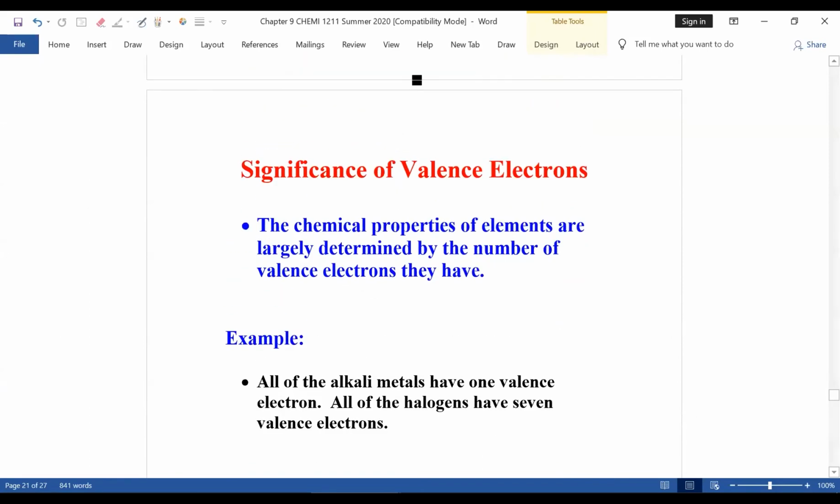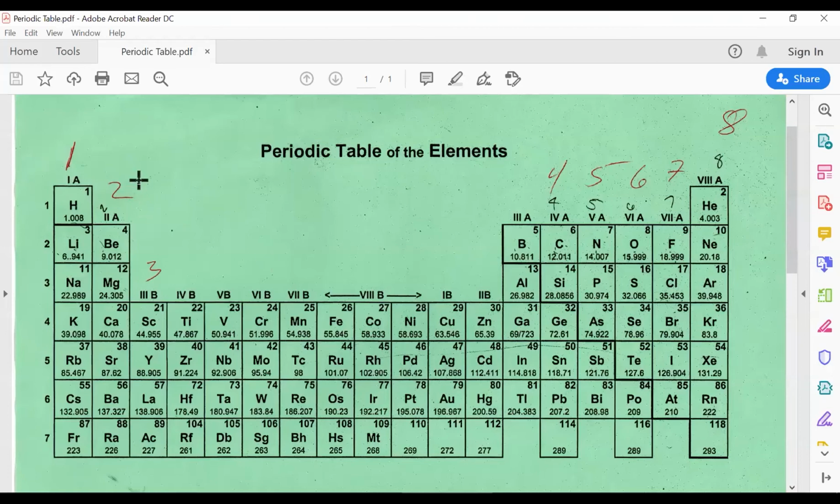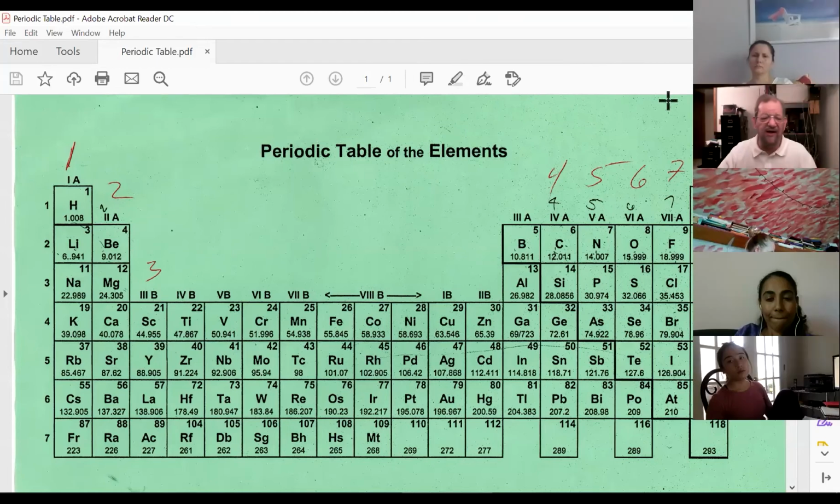All right, let's do this. Notice I have on top of here in red, before I do this, quick check. Can everybody see the green periodic table? Those of you with black and white monitors, well, it's black and white. I don't know if they even sell those anymore.